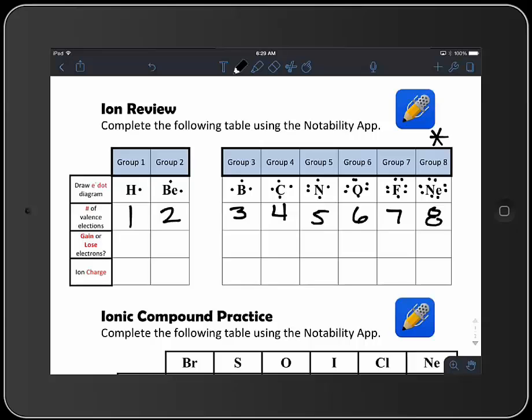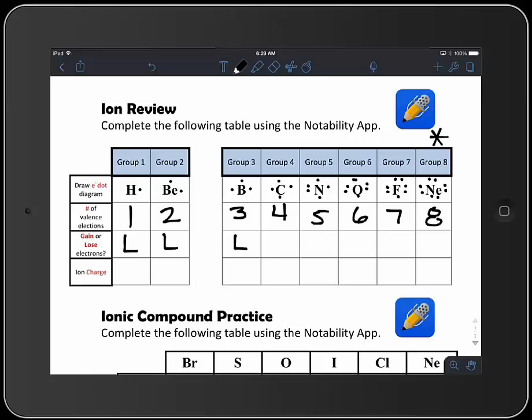Of course it's easier to lose 1, so those are going to be on the loser side. On group 2, again, is it easier to gain 6 or to lose 2? It's easier to lose 2. It's easier to lose 3 than to gain 5.